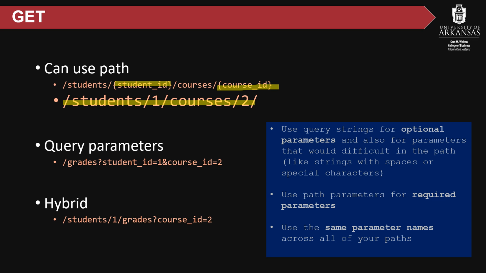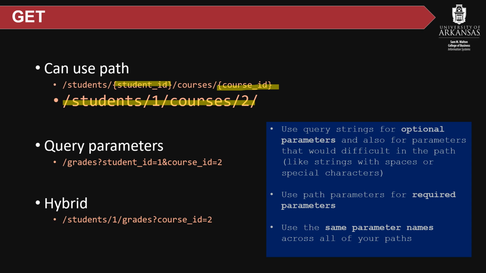We can do this same operation using query parameters if you prefer. Here, we see we have a path of grades, right? Everything following the question mark is our query parameters, so it specifies our name value pairs. The student ID is 1 and the course ID is 2.